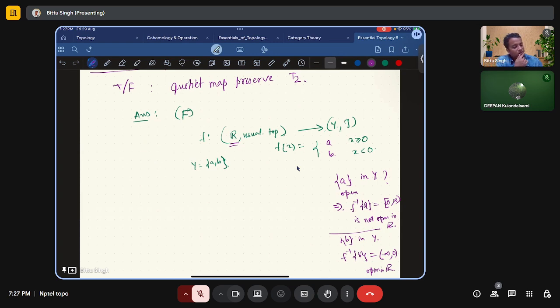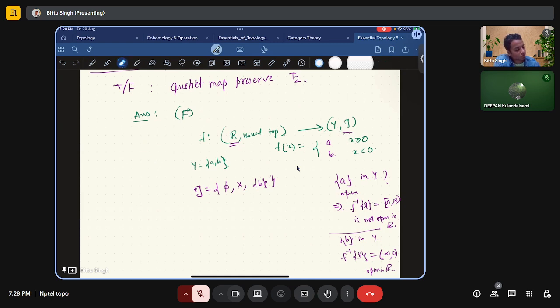The only open set is B, and the whole Y should also be open, right? So the topology tau should be the empty set, Y, and the singleton set B. Because F inverse of Y is the whole R, which is always open.